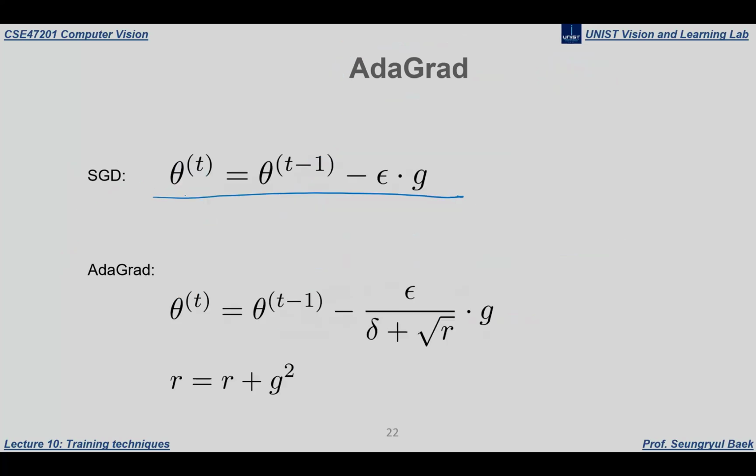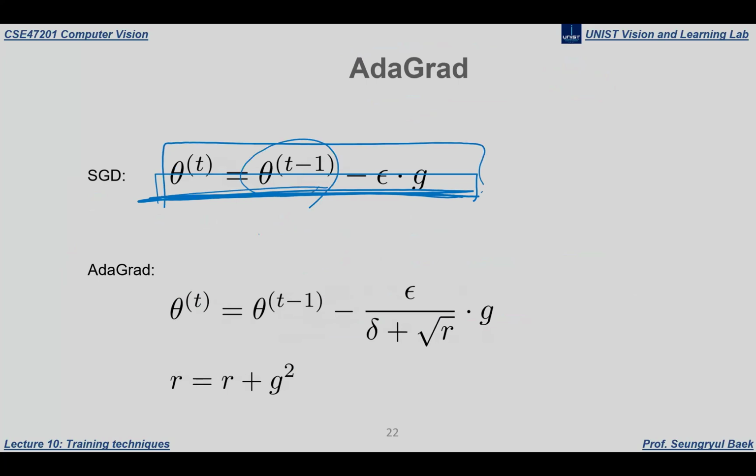So the stochastic gradient descent, we can write it in a slightly new way: the parameters in the previous iteration, and this is the new parameter, and multiply epsilon, which is the learning rate, with the gradient at that step. But AdaGrad's idea is doing the same for this, but with a new term in this.